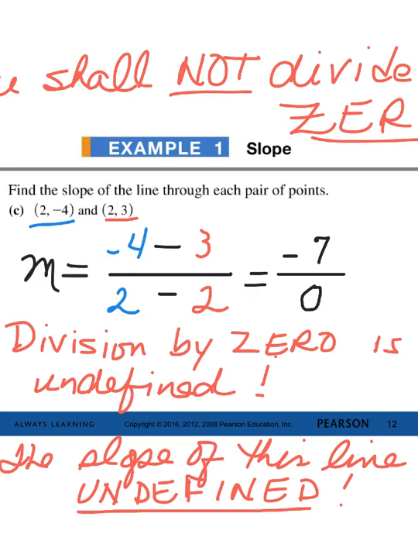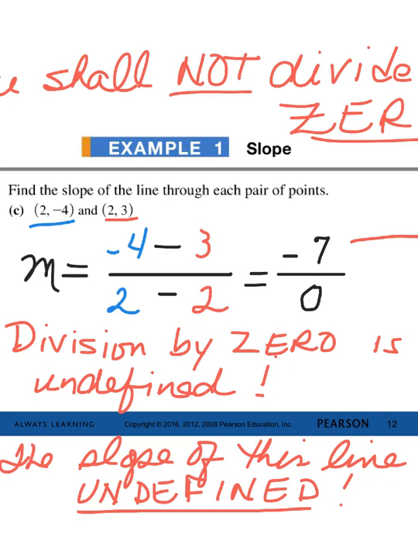And the reason for that is because if I try to graph the line that we're discussing here, and I try to plot these 2 points, (2, -4) means I go right 1, 2, and down 1, 2, 3, 4. And that puts me right here. And then (2, 3) says I go right 1, 2, and then I go up 1, 2, 3.